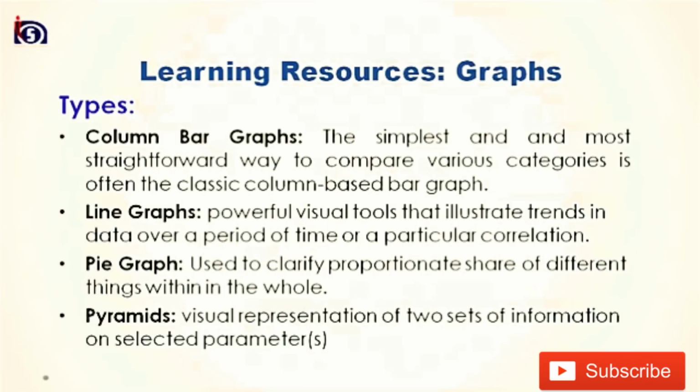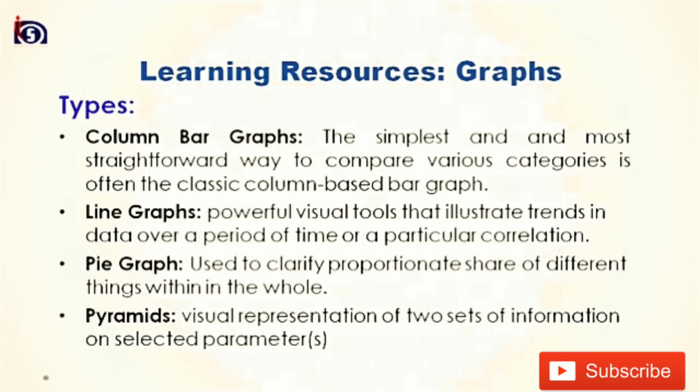Now coming to different types of graphs, we are having column bar graphs. Column bar graphs are the simplest and most straightforward way to compare various categories and are often the classic column-based bar graph. Then we are having line graphs. Line graphs are powerful visual tools that illustrate trends in data over a period of time or a particular correlation.